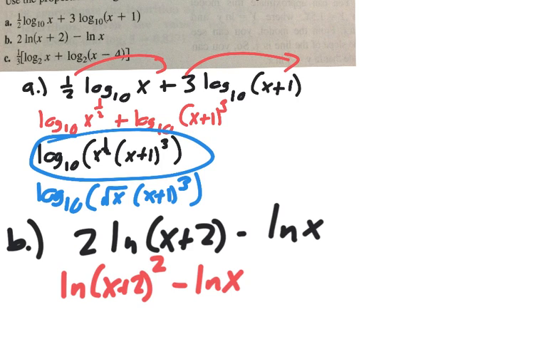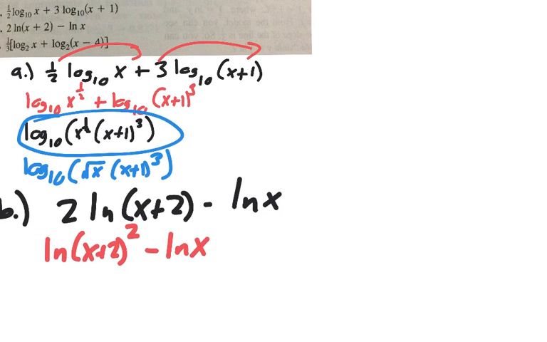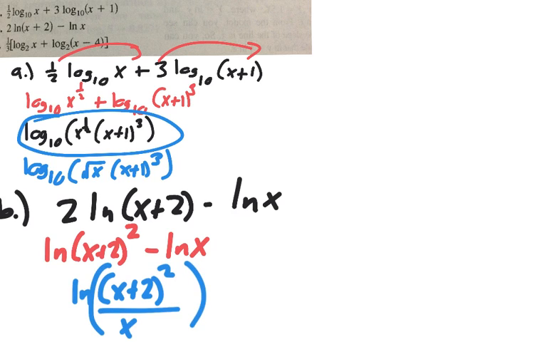Now then, I have subtraction of logarithms, which means I can rewrite that as division of my arguments. So I have the natural log of x plus 2 squared divided by x. And I'm going to put all of that in parentheses to show that is all part of my argument. And I'm finished.